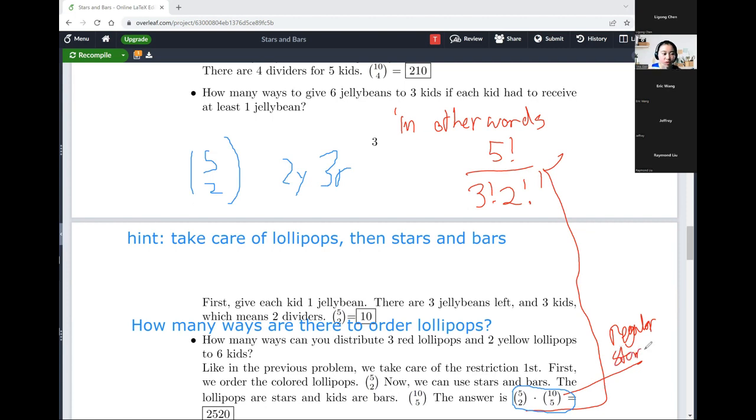We have to multiply the ways to order the lollipops by the ways to give the lollipops to the kids. And that would be 2,520. So it's ordering the lollipops first and then multiplying it by the regular stars and bars.